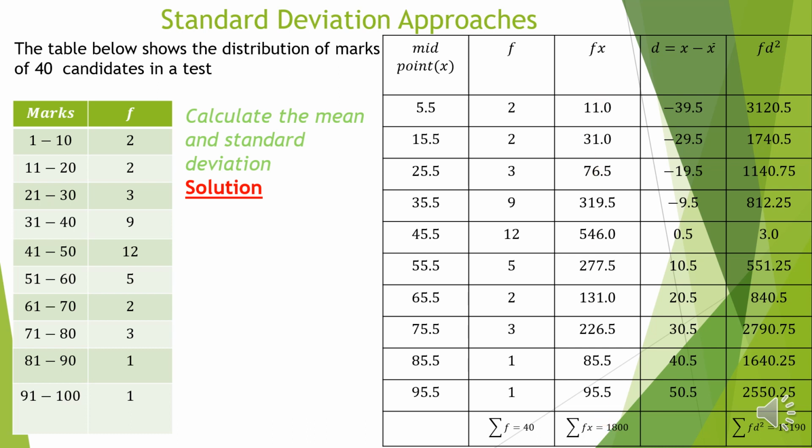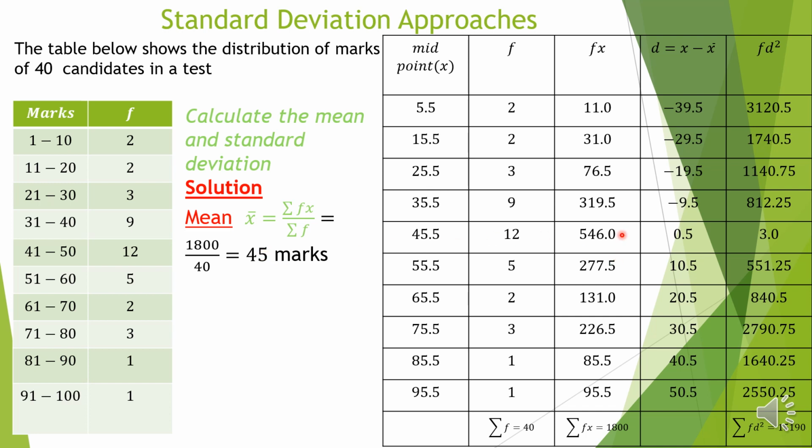Before I introduce the column of deviations, what I need to do is to calculate the mean. The mean is calculated by taking the summation of fx, which is 1800, divided by 40, which gives you 45 marks.